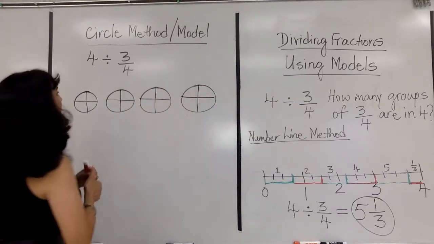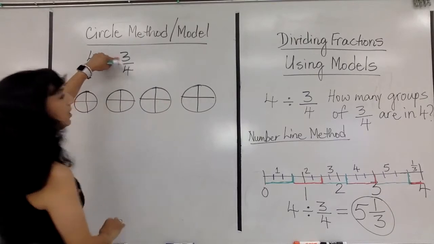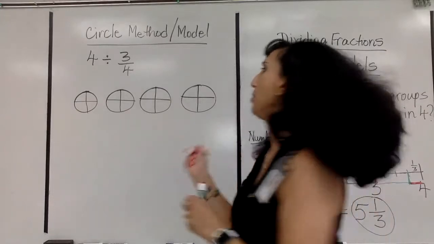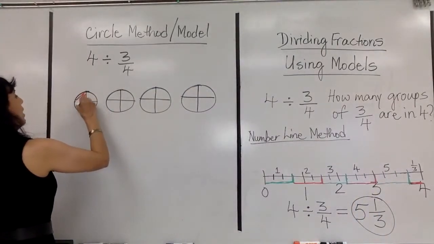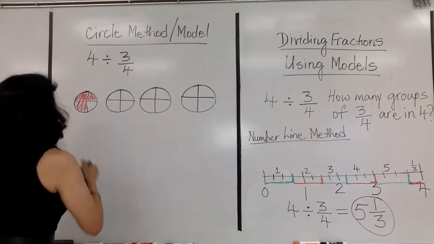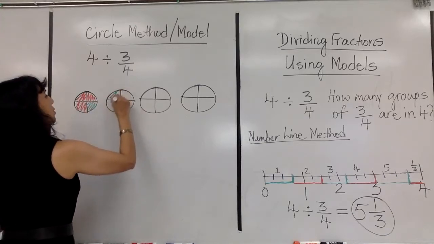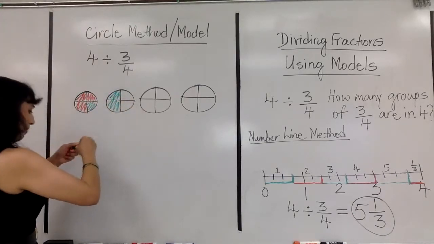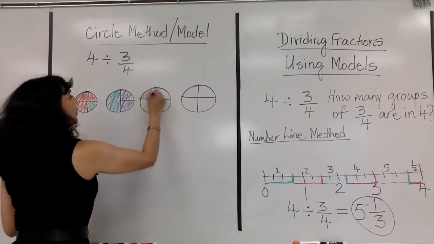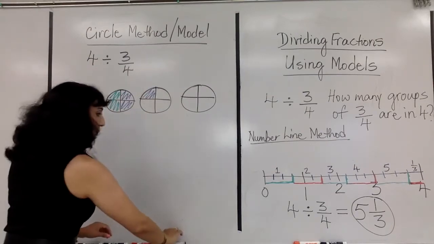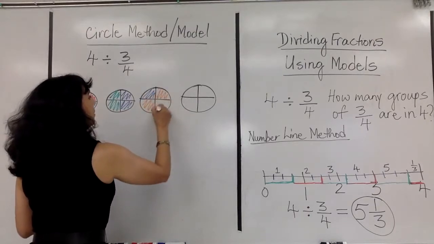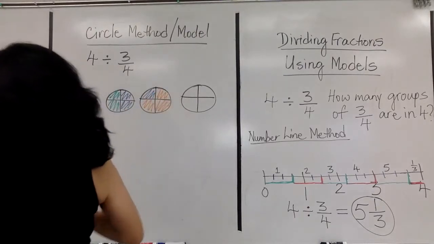All right. And then I'm going to look at the numerator. So 3 out of the 4 are forming a group. Okay. So I'm going to start coloring in 3. 1, 2, 3, make 1 group. 1, 2, 3, form another group. 1, 2, 3, form a third group. 1, 2, 3, form a fourth group.